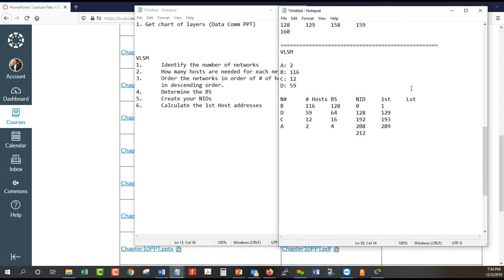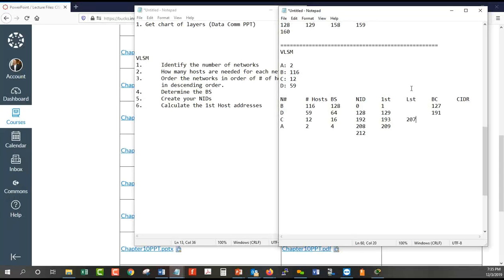Let's come over here, and we want to do broadcast, and we want to do the CIDR column. And the broadcast is always going to be 1 less than the next network ID, which in this case is 128. So this is going to be 127. This is going to be 191.